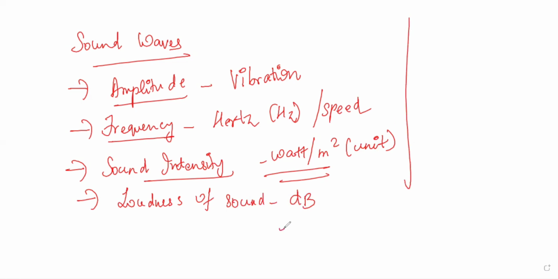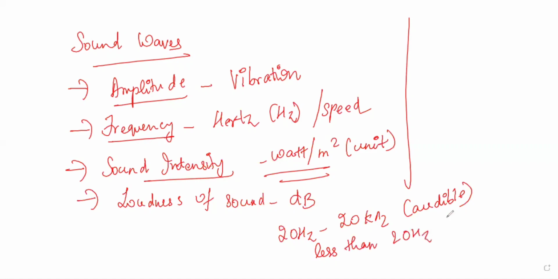And then these are the limits: between 20 hertz to 20 kilohertz the sound is audible. Less than 20 hertz, it's infrasonic. More than 20 kilohertz, it's ultrasonic. These are very important, very basic questions can be asked on the same.